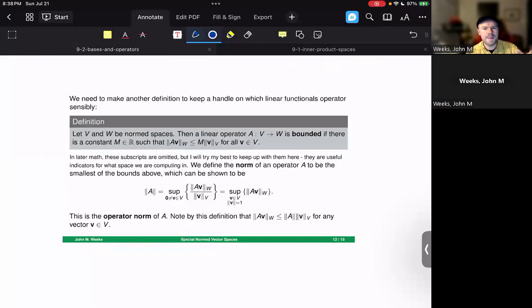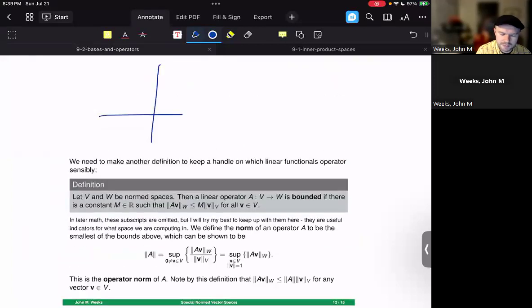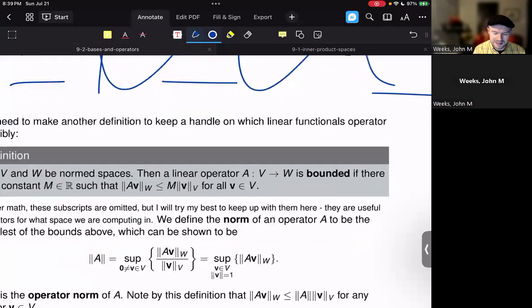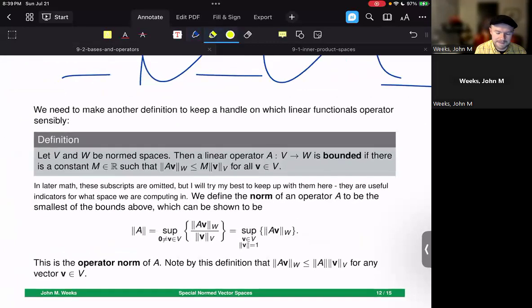Now, let me describe bounded here, as it's a little bit different from the notion of bounded that we typically use to describe functions. When we describe functions, typically we mean bounded to mean something like, say, a sine or a cosine type function, where the highest and the lowest possible points on that function are finite values. We will say a linear operator going from one vector space to another is bounded if we can say that the norm of the y values is bounded by a scalar times the norm of the x values.